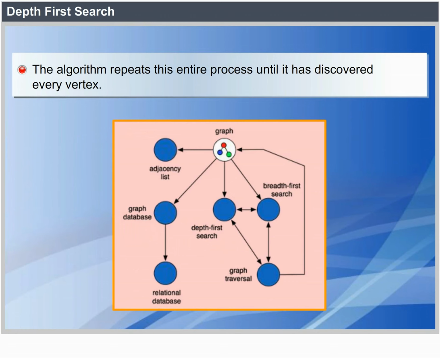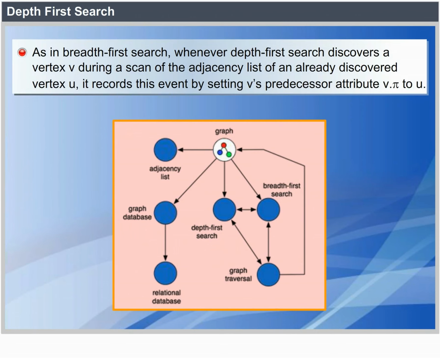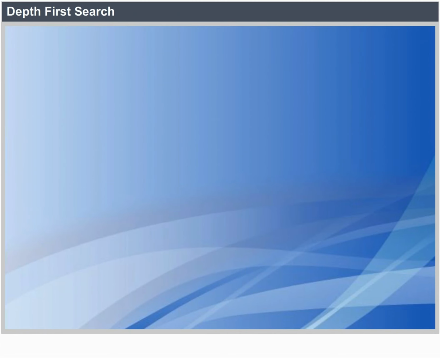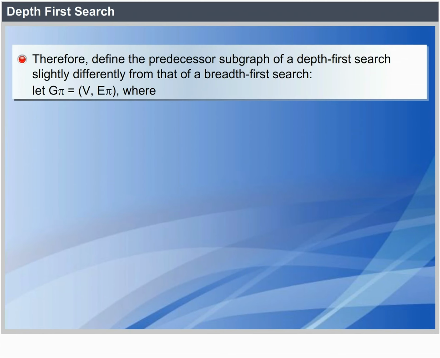As in breadth first search, whenever depth first search discovers a vertex v during a scan of the adjacency list of an already discovered vertex u, it records this event by setting v's predecessor attribute v.π to u. The predecessor subgraph produced by a depth first search may be composed of several trees because the search may repeat from multiple sources. Therefore, we define the predecessor subgraph of a depth first search slightly differently from that of a breadth first search.